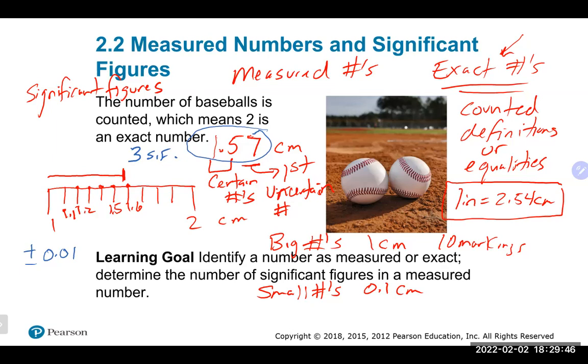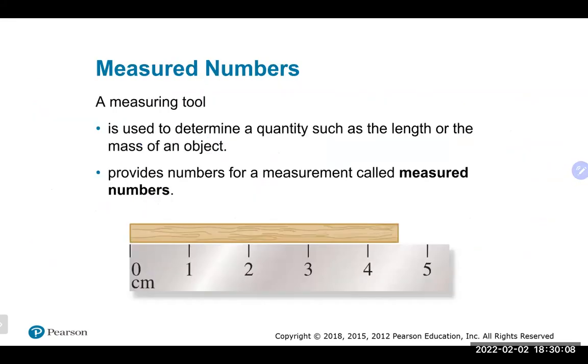One may go by 1 milliliter on the smallest markings, one may go by 2 milliliters on the smallest marking, even though they look the same. So you should always look at your piece of equipment and try to figure out what the big markings represent, what the smallest markings represent, and be able to take the reading to the proper digits. Any questions?